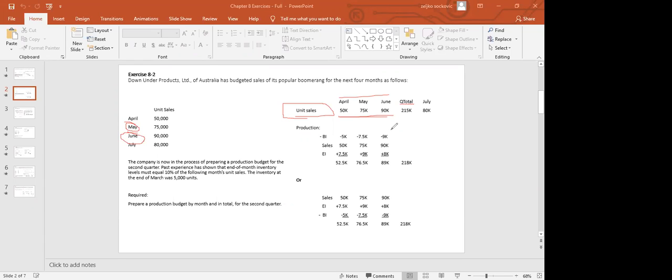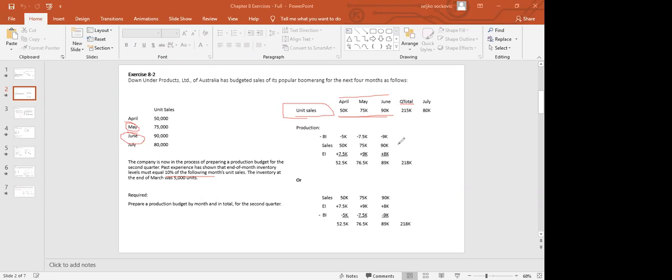But this is the number of units figure, and it says what the past experience has shown that the end of month unit must equal 10% following month unit sales. 10%. So we need 10% of the following month's safety cushion, safety inventory, right at the end.